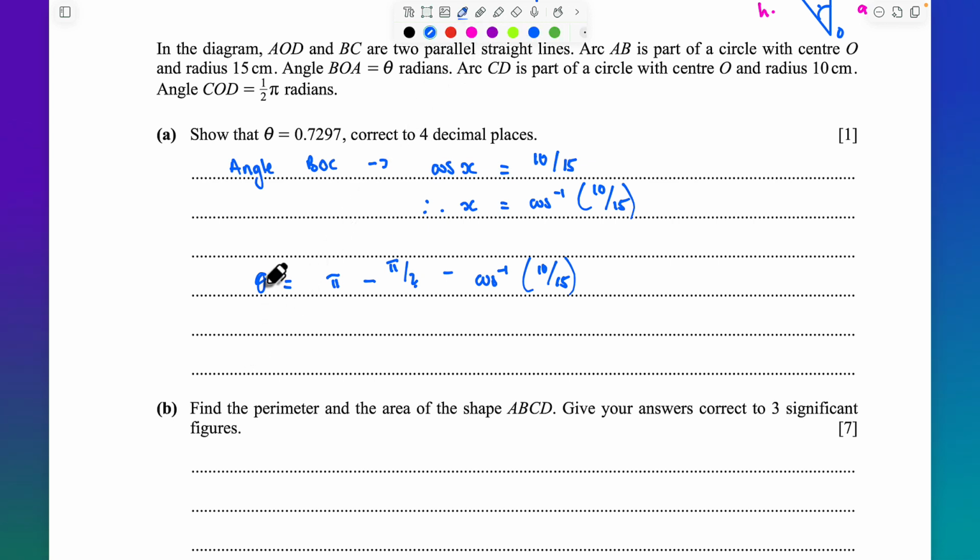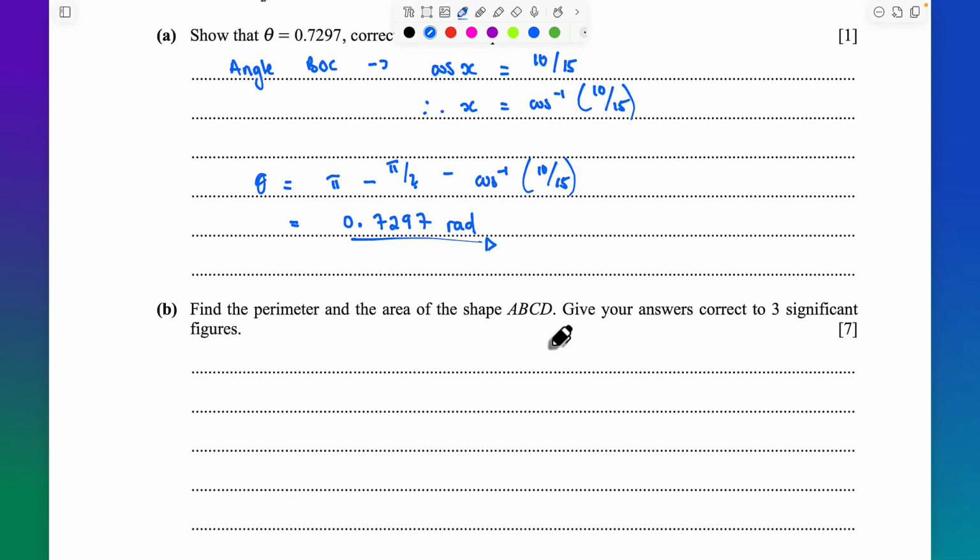We can go pi minus pi over 2 minus arc cos 10 over 15. I'm basically in the background plugging everything into my calculator, and the answer you get, since they ask for decimal places, is 0.7297 radians. Perfect. If you got an answer that's different, maybe your settings are wrong, or maybe you made a mistake somewhere. So yeah, all right, cool.